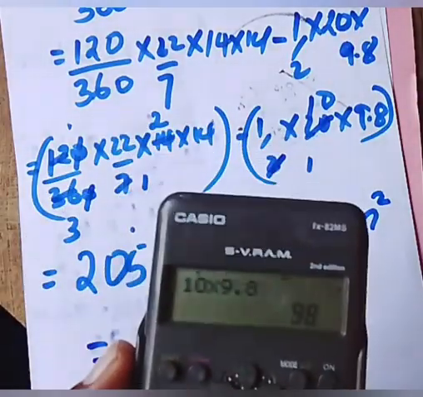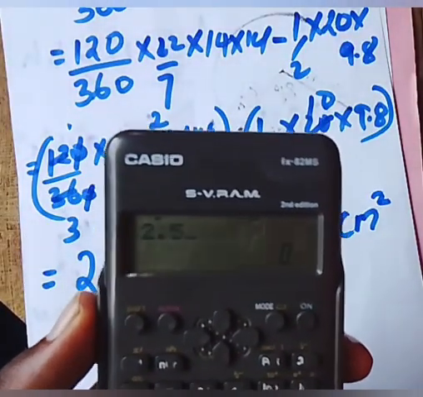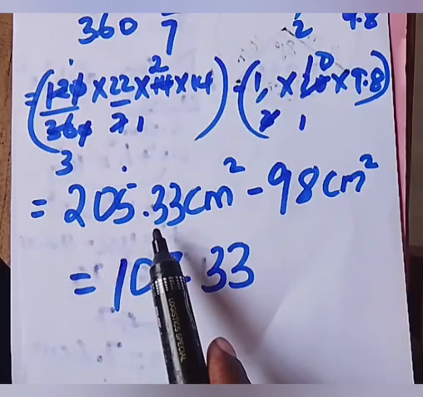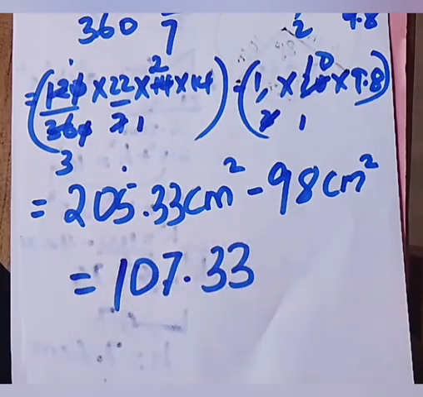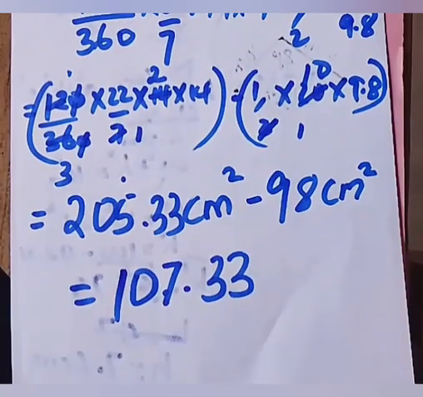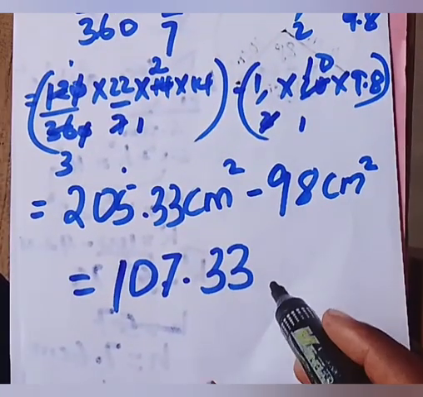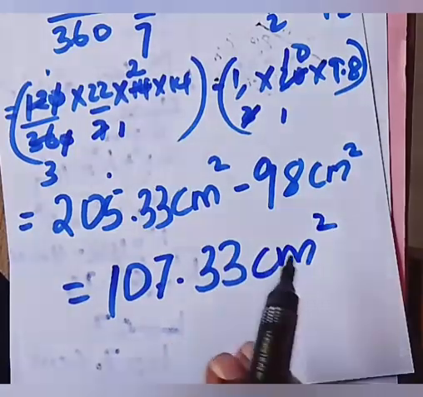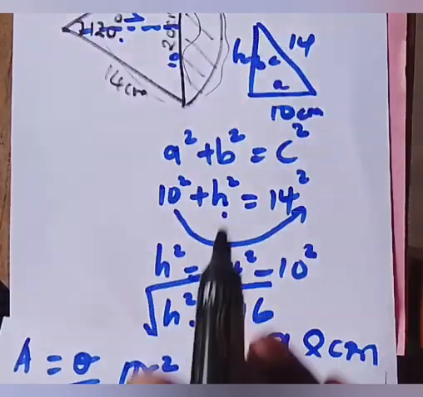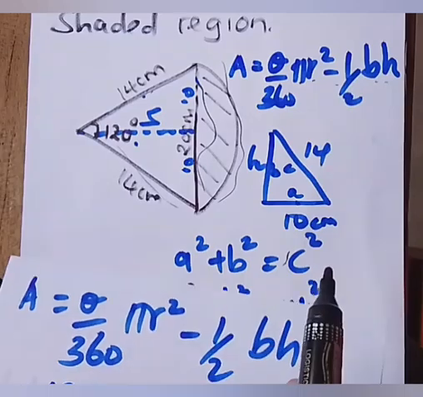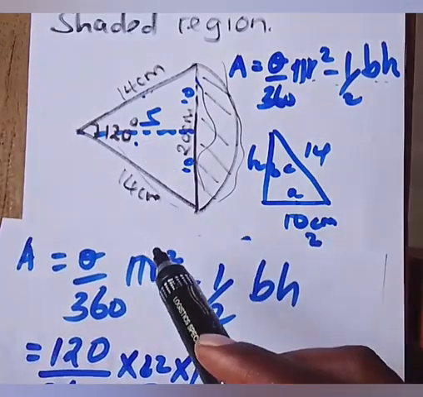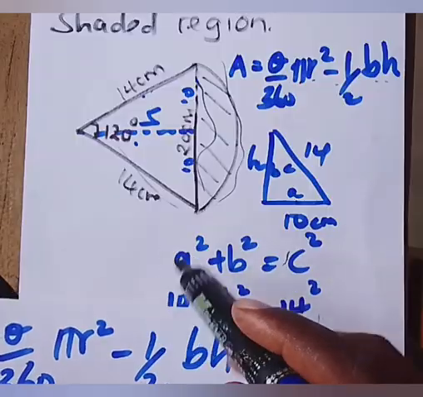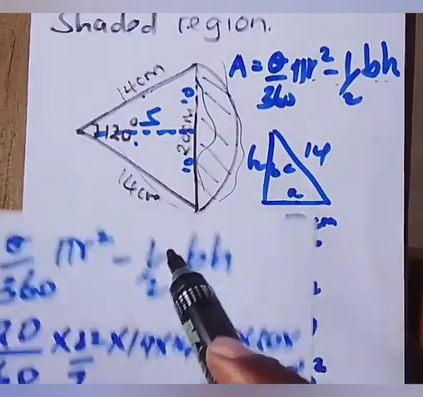Subtract the two: when you subtract 98 from 205.33, you are going to get 107.33 centimeters squared. And that is now the area of this segment bounded by an angle of 120, a radius of 14 and a chord of 20 centimeters.